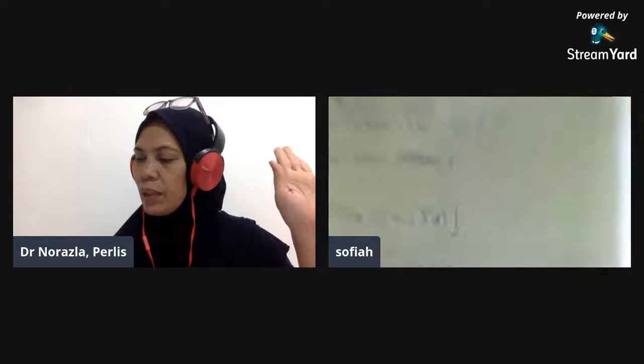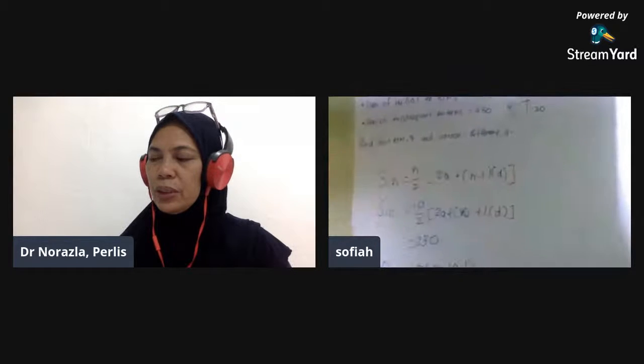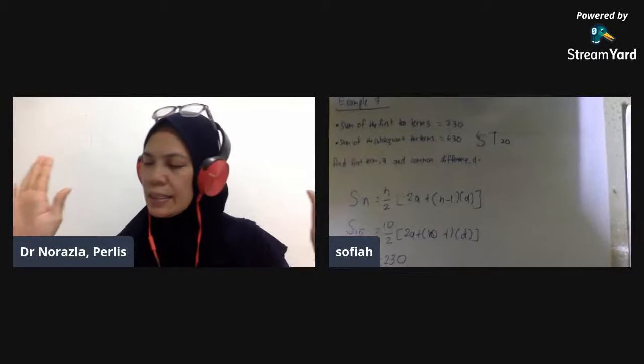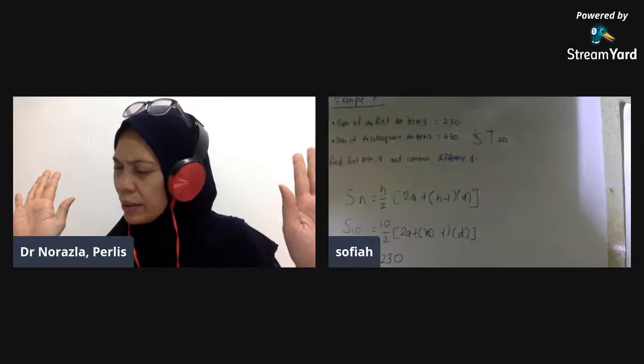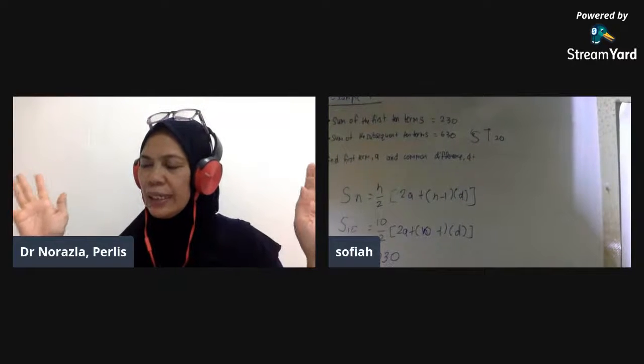Sebenarnya yang tu dulu. Kita tahu yang tu dulu sebab nak kena tunjuk. So sekarang dia tunjuk macam ni tak sebelah-sebelah, sebab you keluarkan maklumat. S10 equal to 230. Kemudian sebelah tu S, oh sorry, what S? Oh okay. The sum of the subsequent n terms.